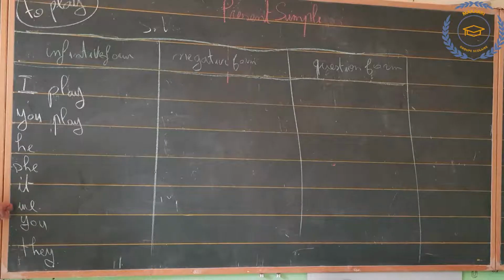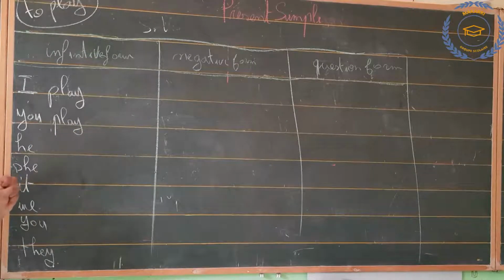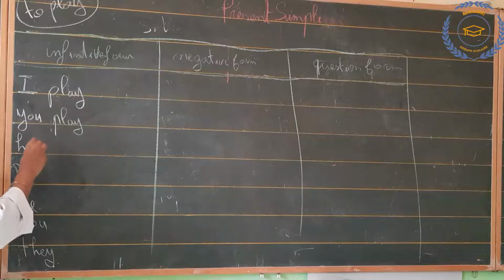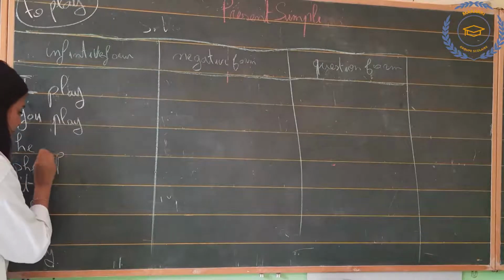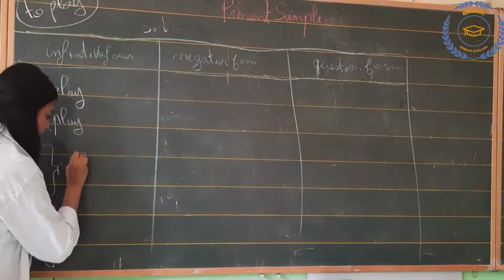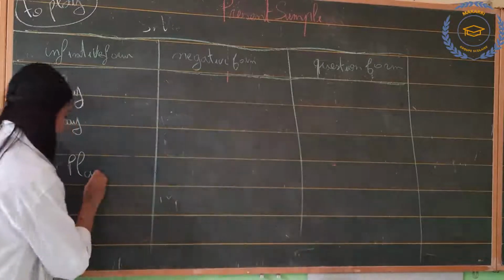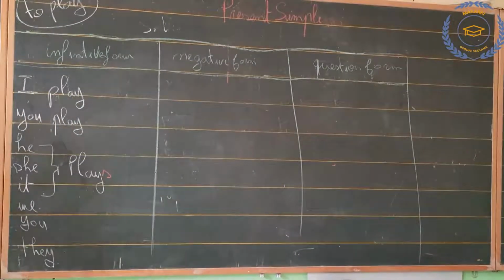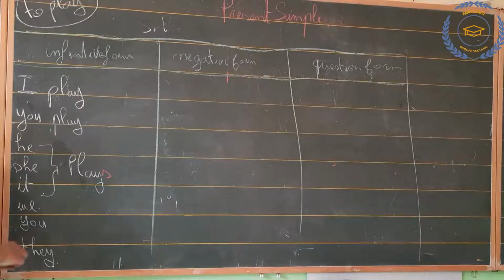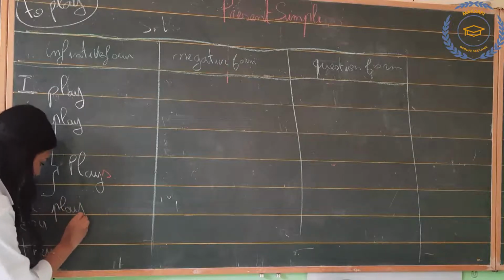He, she, it. I told you if we have third person singular, the verb takes an s. We have to add s to the verb. He, she, it plays. We play.